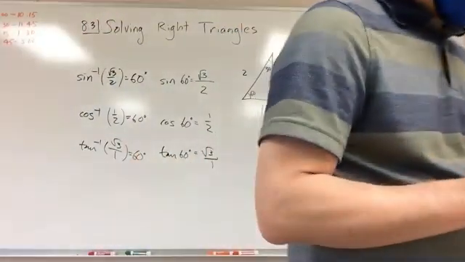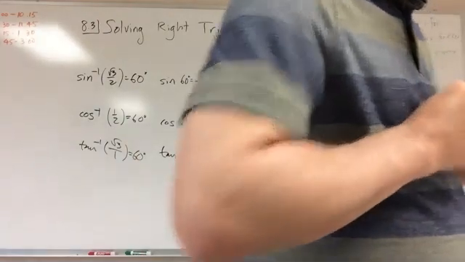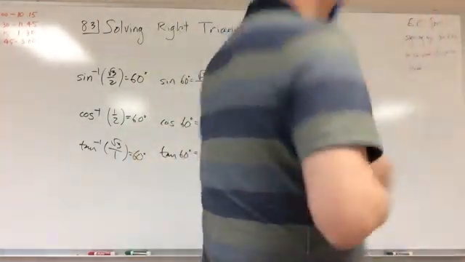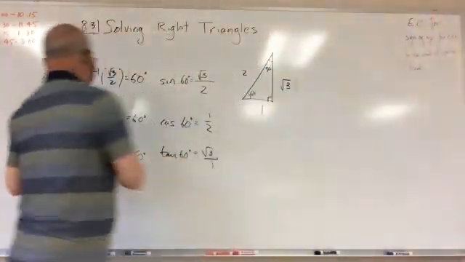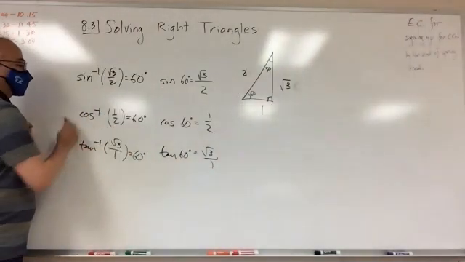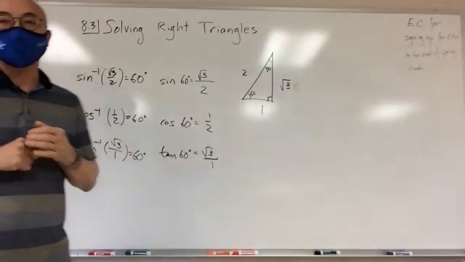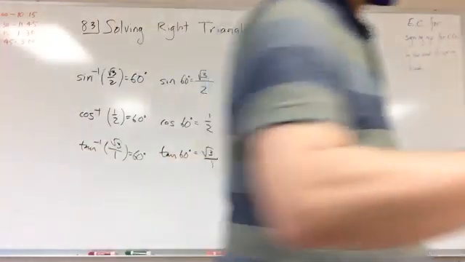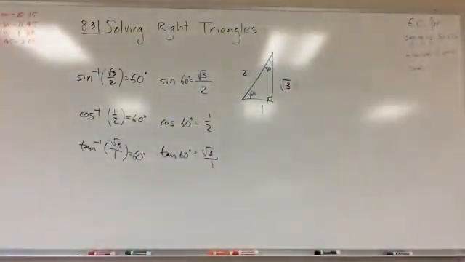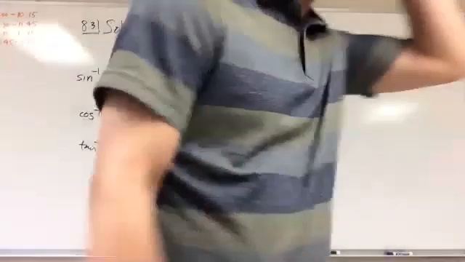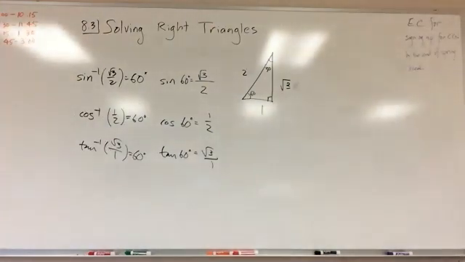Okay, so example number 2. Let's see if you can do this on your calculator. So bring your calculator out. Now you would need a TI-84 or better for this, I believe. I don't know if your phone one would have this.